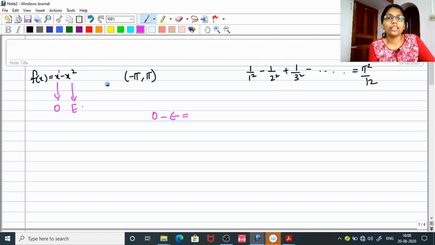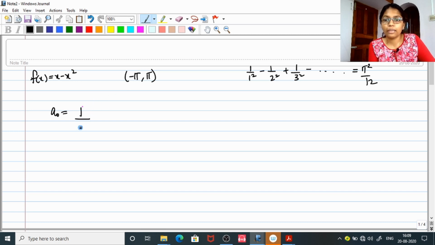So unfortunately here we have to find a0, an, bn as usual. No tricks are there like a0 or an being 0. Nothing is there. You just need to find everything in the usual procedure. Okay, that is very unfortunate, isn't it? So let us find out what a0 is first.